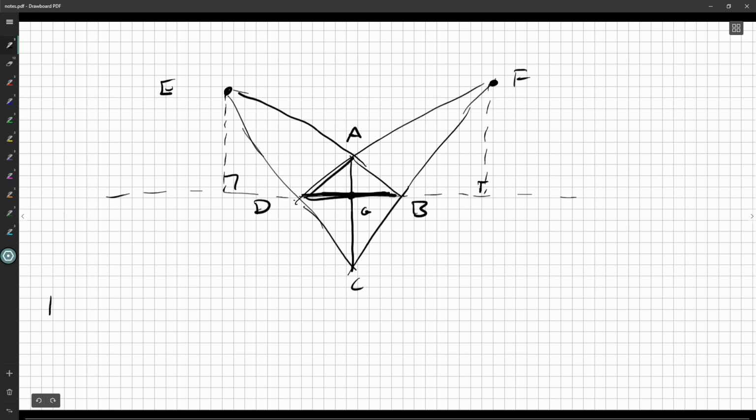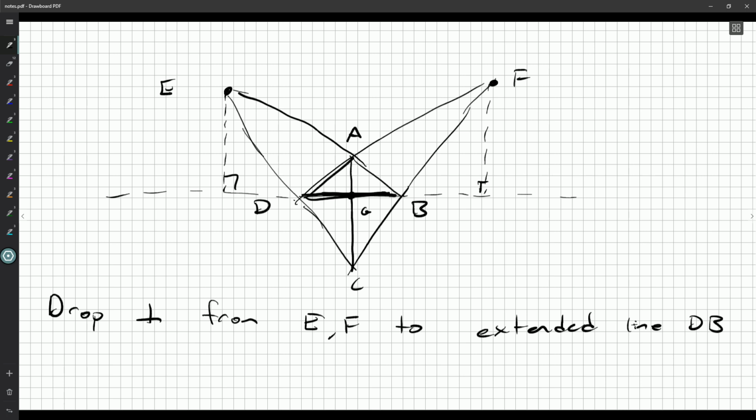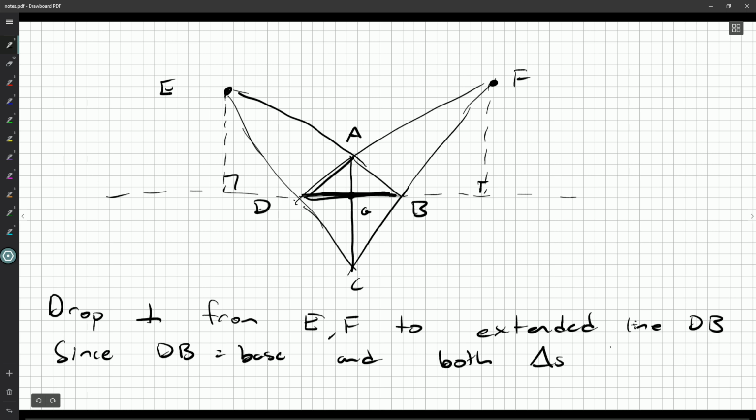So you could say something like: drop perpendiculars from E and F to the extended line DB, since DB is the base and both triangles have the same area, these heights are equal.